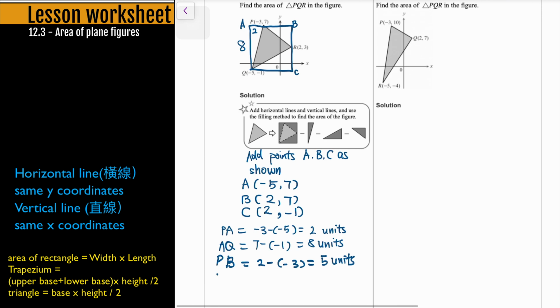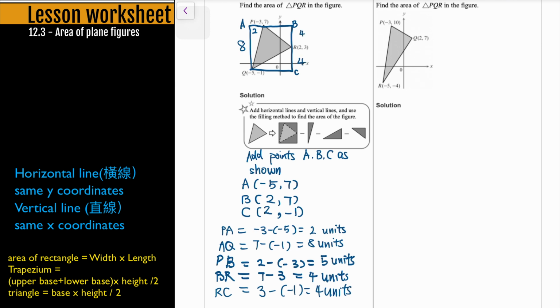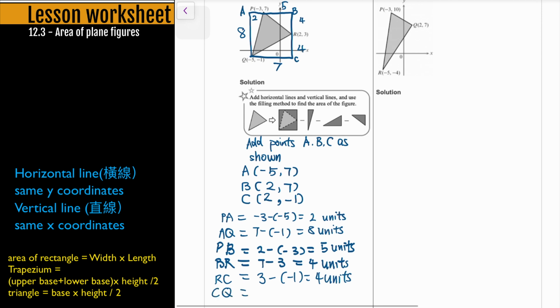And then BR equals 7 minus 3, which is 4 units. And RC will be 3 minus -1, which is 4 units. So we got 4, 4 here, and then we got 5. This one will be 7, so CQ equals 7 units.